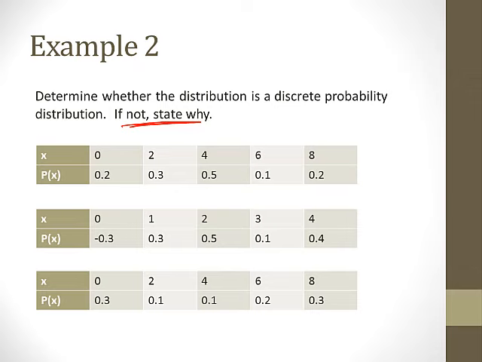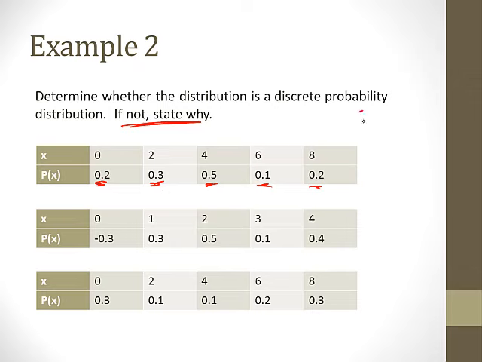So let's look at the first one. I can glance here and notice that each of my probabilities is between 0 and 1, so that condition is satisfied. But do they sum to 1? 0.2 plus 0.3 is 0.5, plus 0.5 is 1. Uh-oh, 1.1, 1.3.